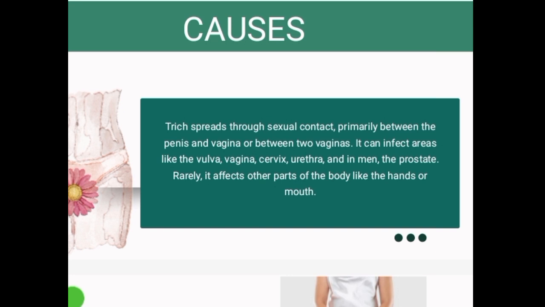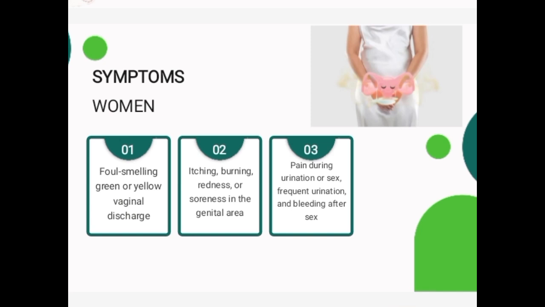So, what are the symptoms? In women, foul-smelling green or yellow vaginal discharge, itching, burning, redness or soreness in the genital area, pain during urination or sex, frequent urination, and bleeding after sex.